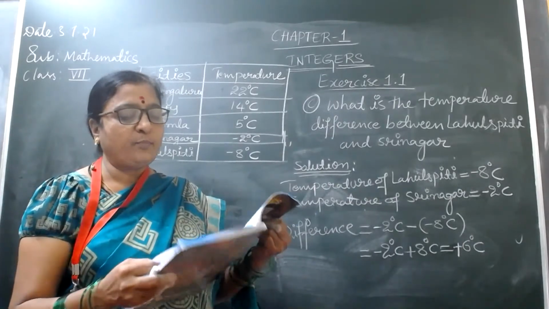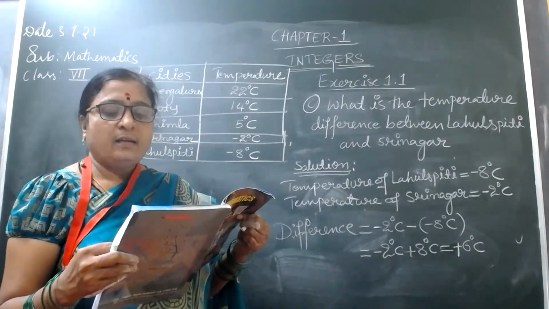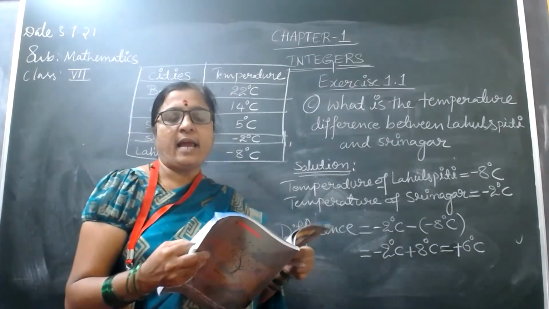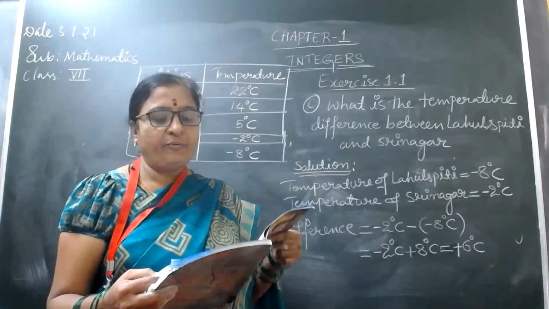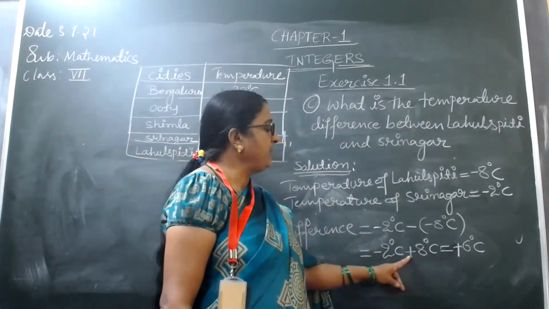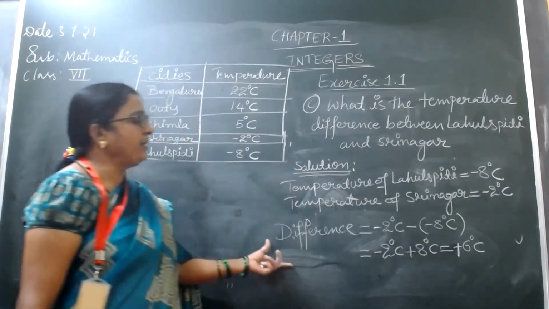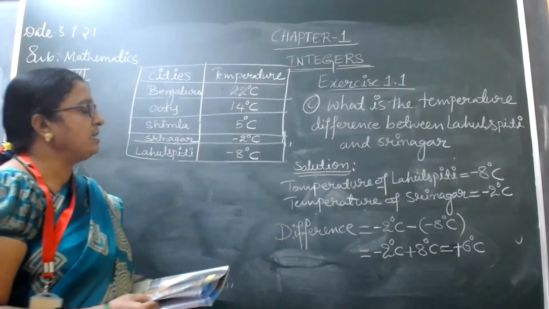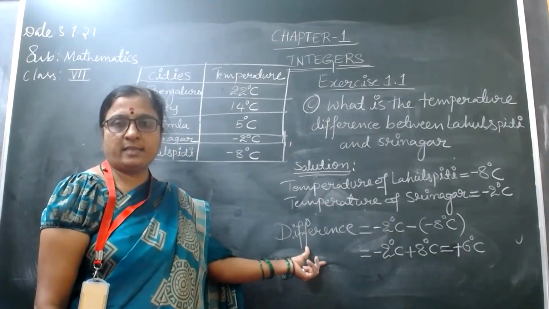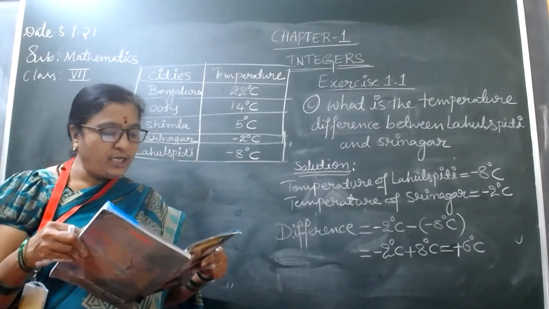What I explained in the points yesterday, third point: when one positive and one negative integer are added, you take their difference and place the sign of the bigger integer. Do you remember this point? So, this is the solution of question C. Okay? Now, last question D.